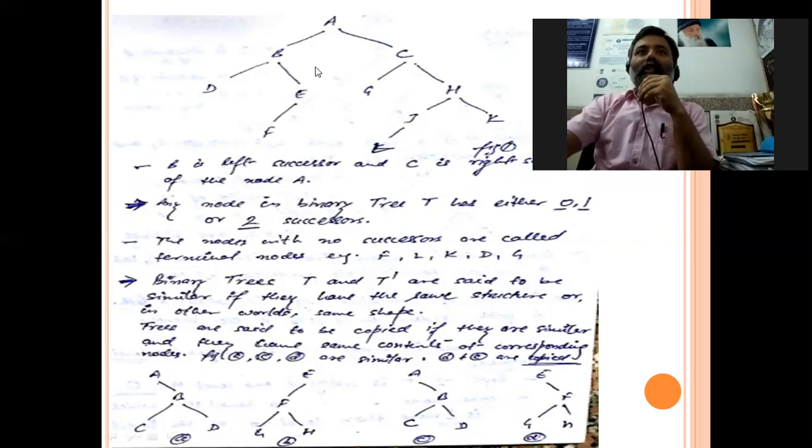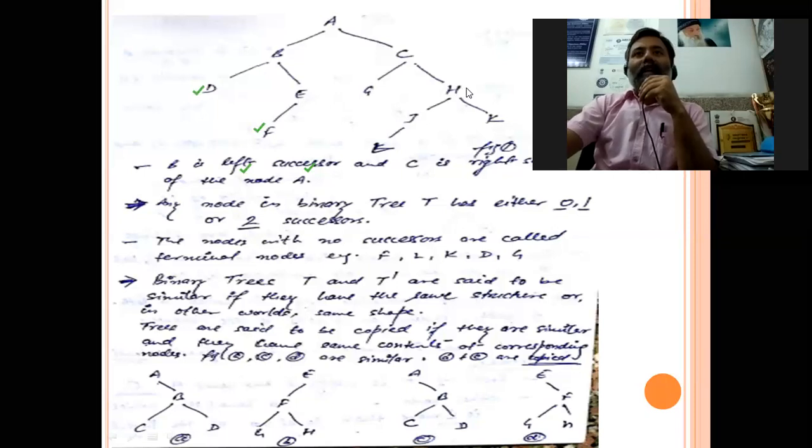Suppose in this example, you can see B is the left successor of A. Similarly, D is left successor of B. Here F is left successor of E, and so on.